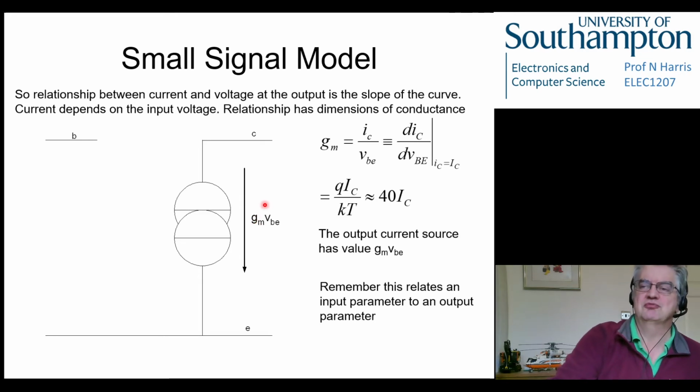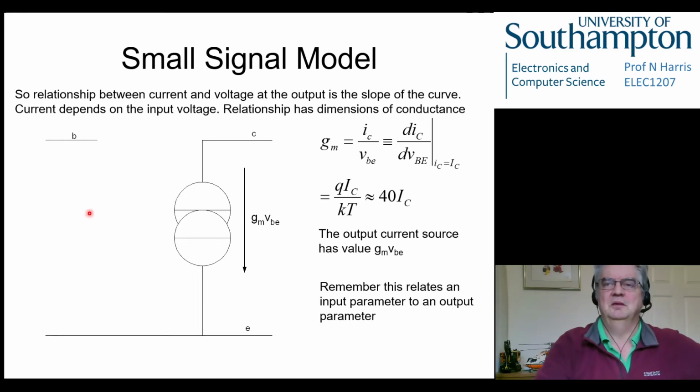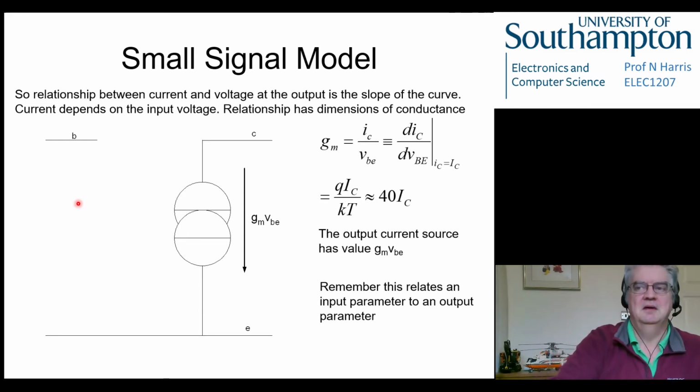Even if we don't quite understand exactly what GM is, we can just say that's a constant of proportionality between this input and this output. But we haven't got anything over here at the input. At the moment, B is not defined. We haven't decided what's going on. It's an NPN, it's a PNP, it's just a question of directions of currents. It's a transistor, okay? It's all abstracted.